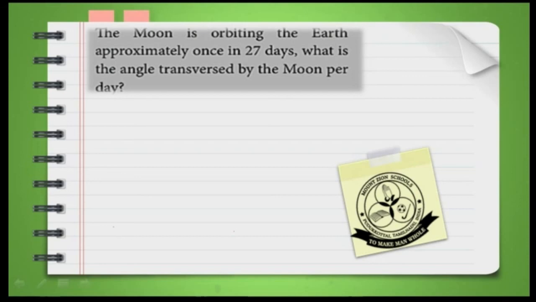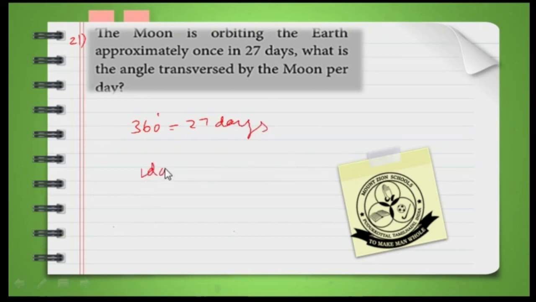And the problem number 21. The moon is orbiting Earth approximately in 27 days. So it is 360 degree. 360 degree is equal to 27 days.